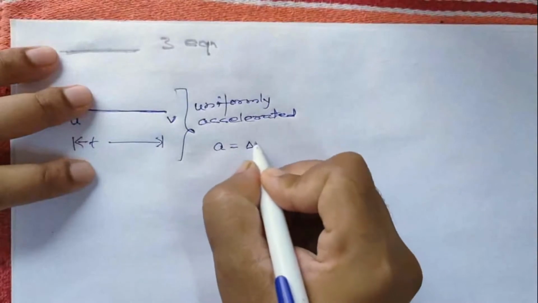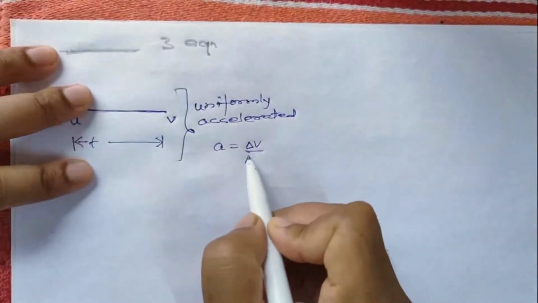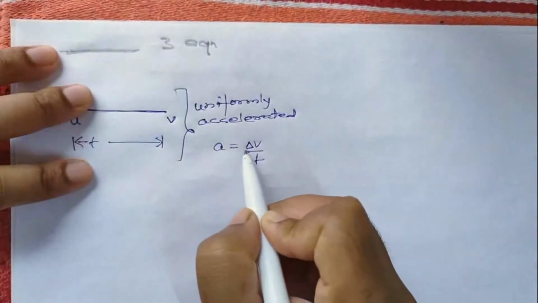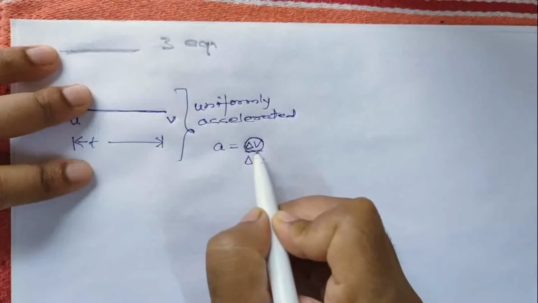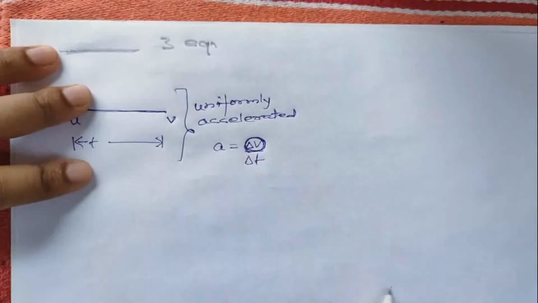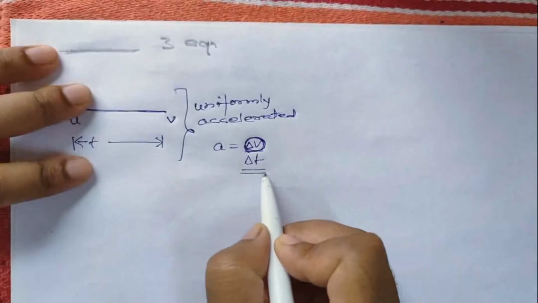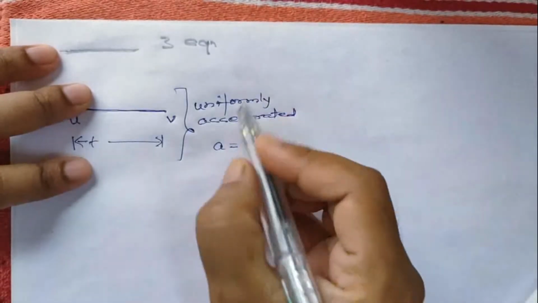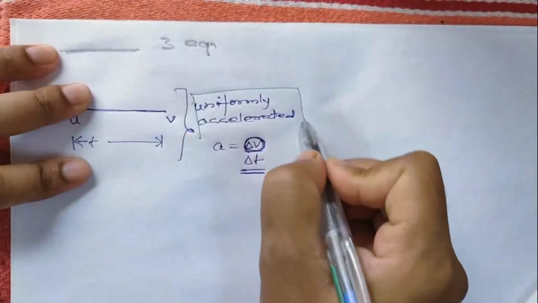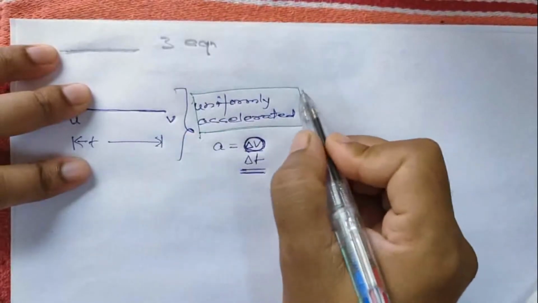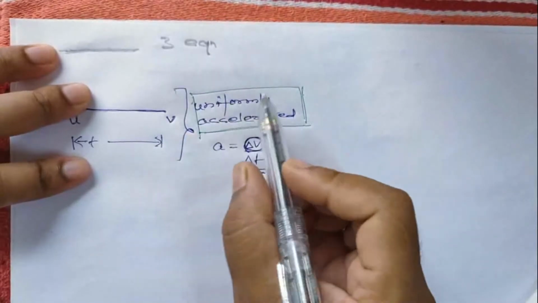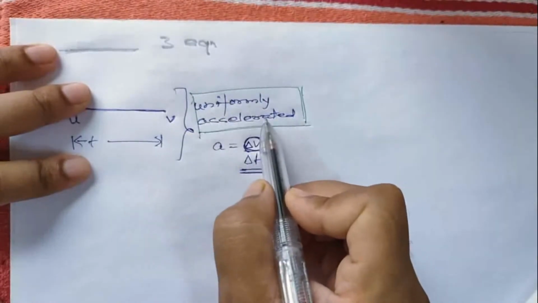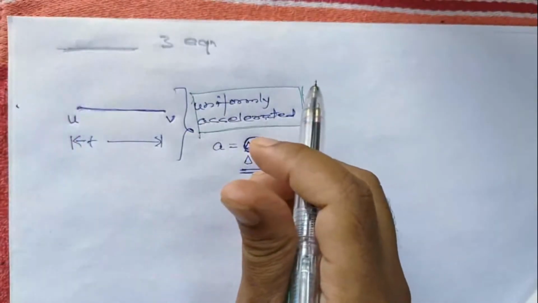So this particular portion should be constant during this time interval. This is again a keyword, so just keep in mind. The equation of motion which we are going to derive is applicable only for uniformly accelerated body.